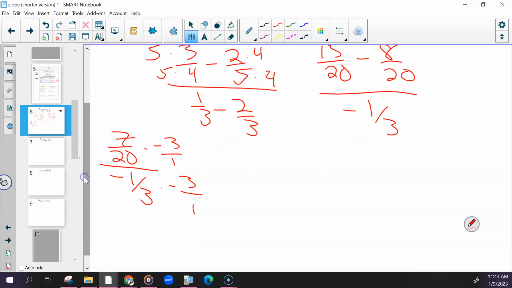Our denominator will completely cancel, just become 1. And then just multiply across. So negative 21 over 20 would be our final slope.